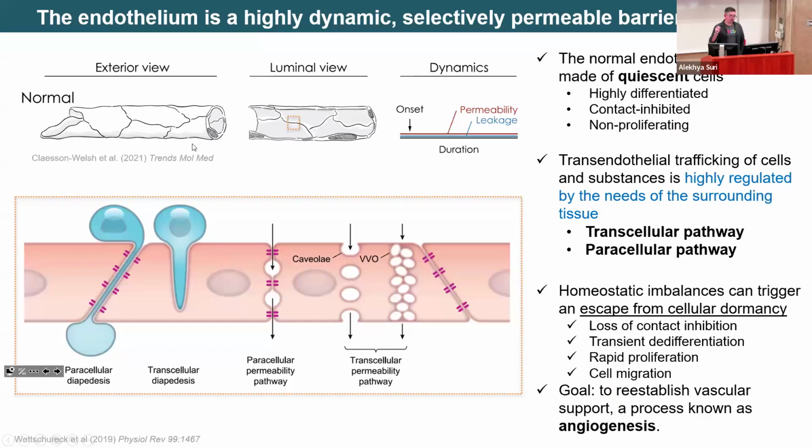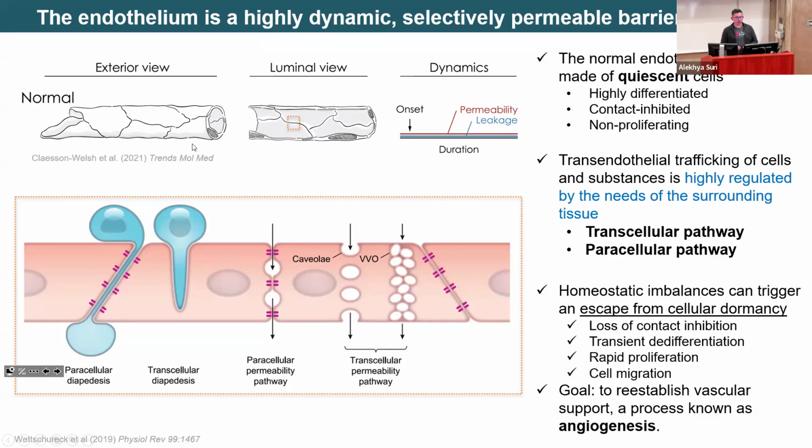This is quite often something that occurs in response to prolonged hypoxia, for instance. So a particular section of the tissue that is not receiving the amount of oxygen that it needs, it usually leads to the production of signals that cause all of these things listed here.